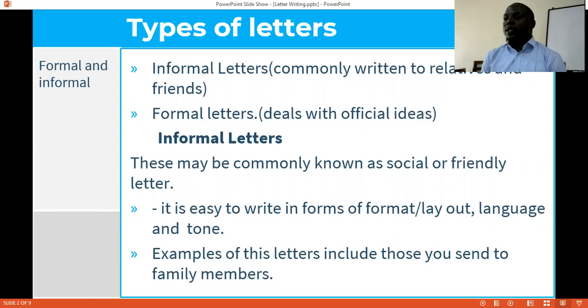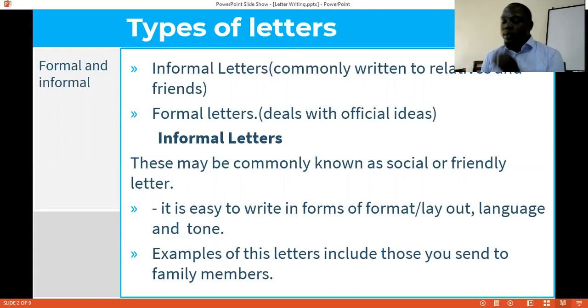So these may be commonly known as social or friendly letters, I'm very sure. The letters you write to your friends, your girlfriend, your best friend, your sister, a person you're very close to, a person you can easily talk to without a lot of formalities. So it is easy to write in terms of format or layout, language, and tone.